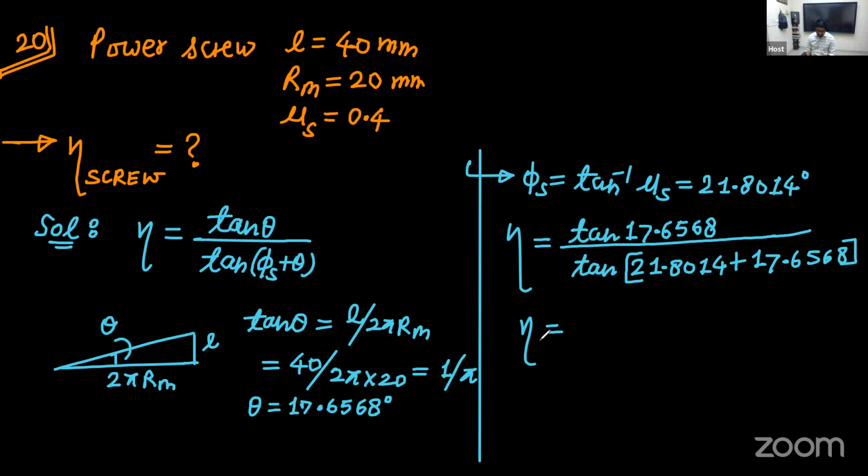Tan of the answer is this much, and tan 17.6568 upon that answer is 0.3867, that is 38.67%. So the efficiency of the screw is 38.67%.